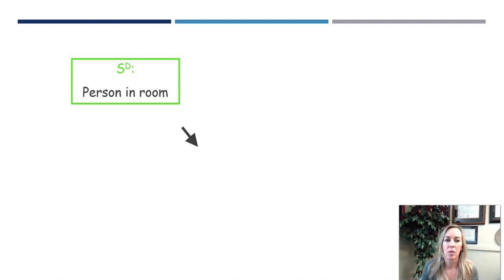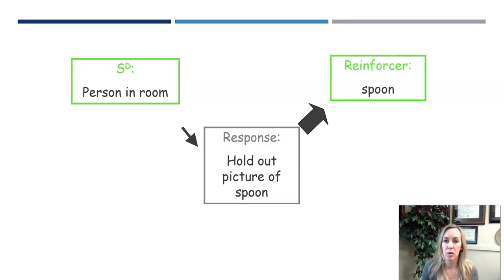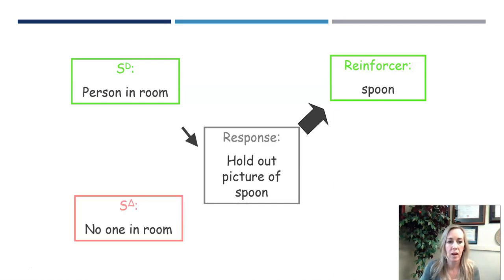Okay. So, a person, in general, could be an SD. A student who uses picture symbols for communication might hold out a picture of a spoon to request a spoon. And then a person likely would give the student a spoon if he or she needed a spoon. However, if there's no one in the room, no SD, holding out the picture of the spoon does not get a spoon.